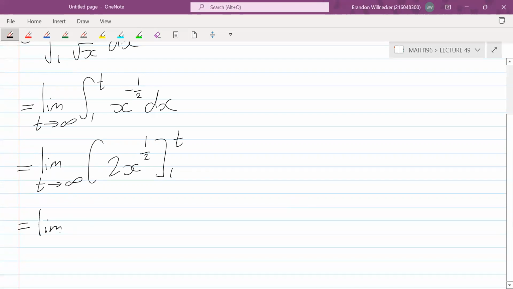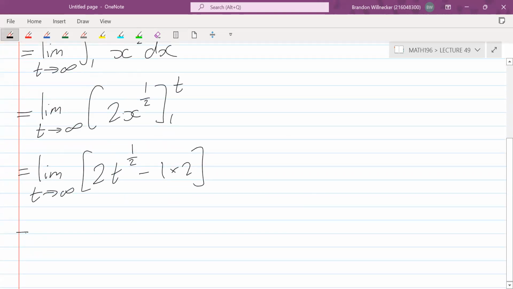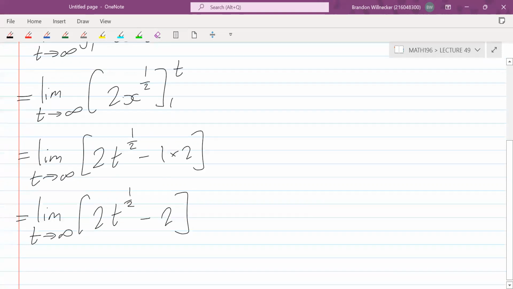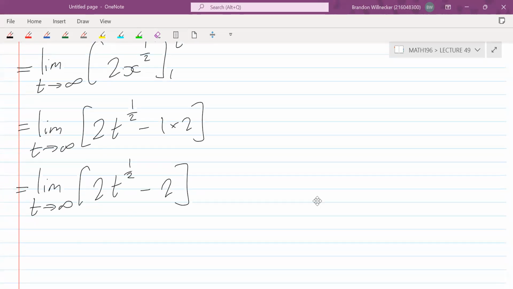This will be the limit as t goes to infinity. We substitute t, and we substitute 1, so it'll be 1 times 2. This is the limit as t goes to infinity of 2t to the 1/2 minus 2. The integral is done; we've substituted and simplified. Now we take the limit.